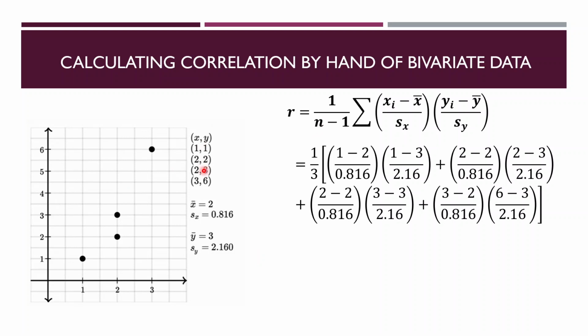Okay, just a quick substitution of values. The number of values is 4, so 4 minus 1 is 3, so 1 over 3. You add everything up before you multiply by 1 over 3.